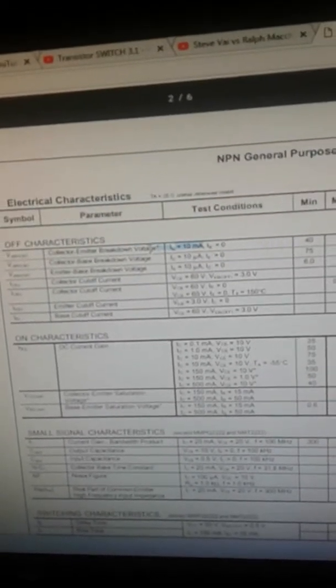This one, the collector emitter breakdown, 10 milliampere when the base is open. That is the characteristic of the 2222A transistor. We got the 1.15, the voltage drop across RD, and the 0.01 ampere, the 10 milliampere breakdown collector current.